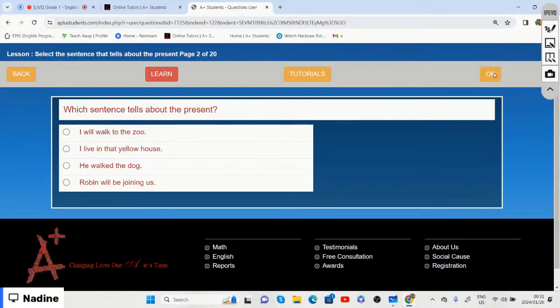Which sentence tells us about the present? I will walk to the zoo.